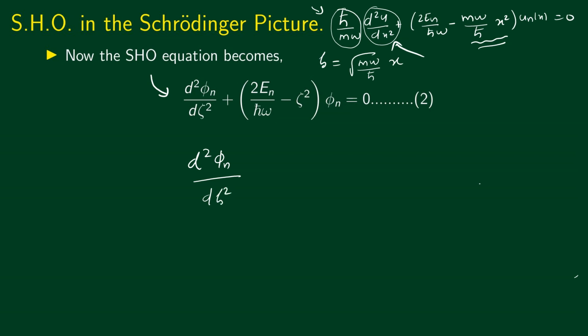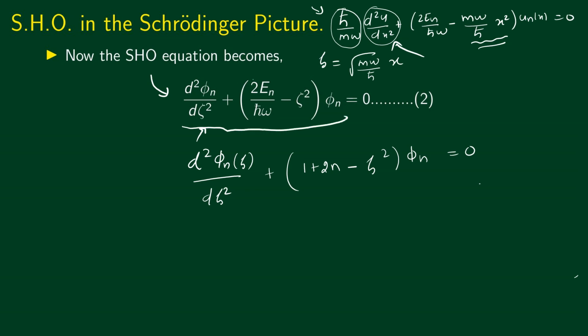We'll now write it in terms of zeta: d square phi n of zeta by d zeta square plus 1 plus 2n minus zeta square phi n is equal to 0. We see that our time independent Schrodinger equation for the simple harmonic oscillator has come exactly to that form.